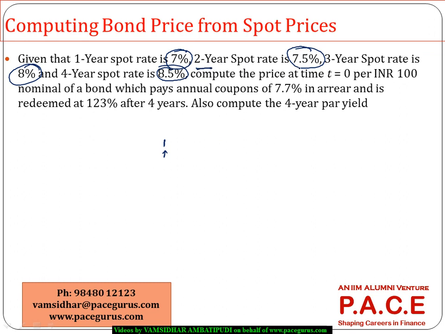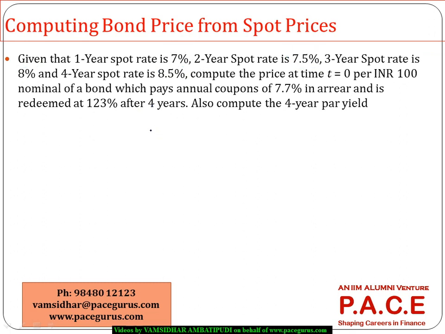When I say 2 year spot rate is 7.5, when I invest something today and I get everything at the end of 2 years, which is like a zero coupon bond, what is the effective annual rate of return during this 2 year period? That is what we are calling as the spot rate, and especially with respect to the government securities which are not exposed to any kind of risk.